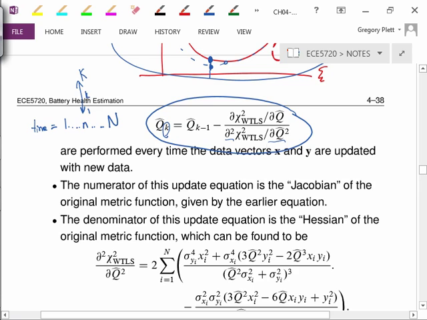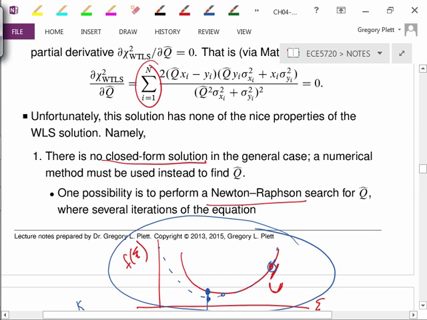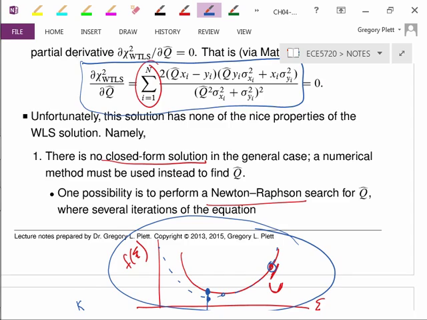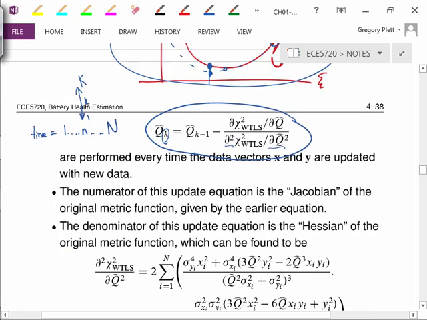The first derivative we found, by the way, is that whole summation. If we have an estimate of q hat at this particular point in time, we know all of the x's and the y's and the sigmas, so we put our estimate of q hat in there, we do that summation, and that gives us the numerator term.